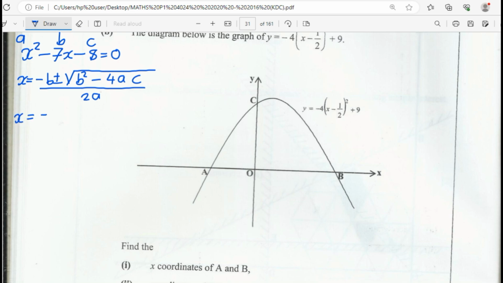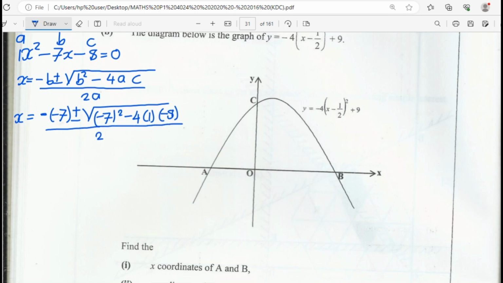So it's negative. What's the value of b? It's negative 7 plus or minus the square root of negative 7 squared minus 4. What's our a? A is just 1. C, negative 8. Everything divided by 2 times 1.